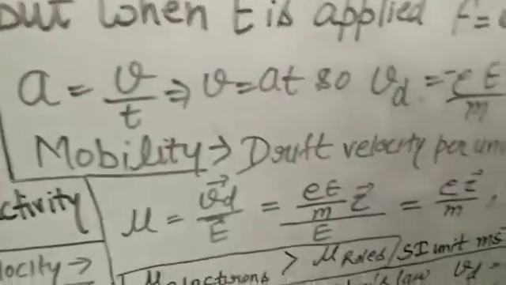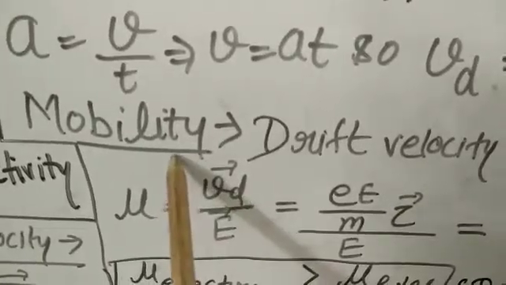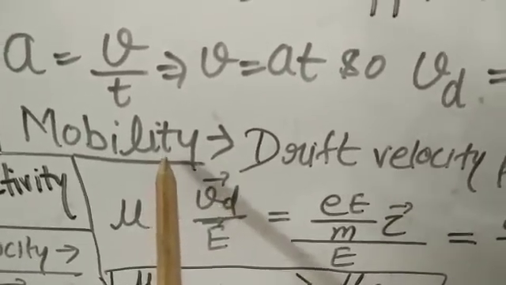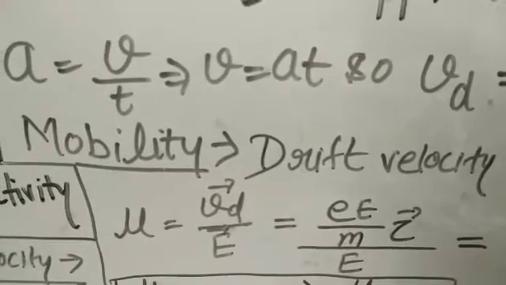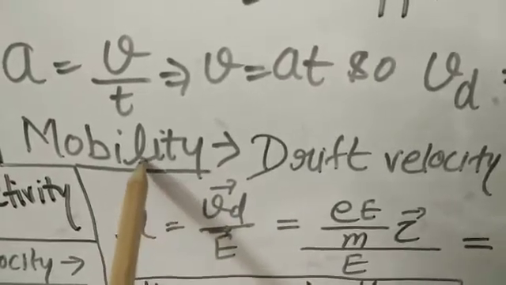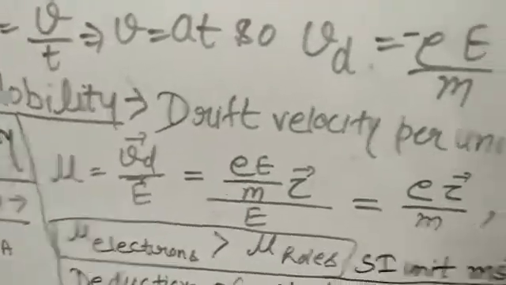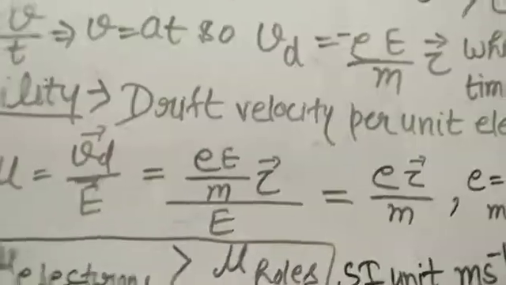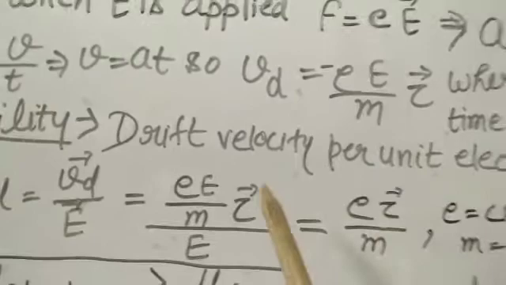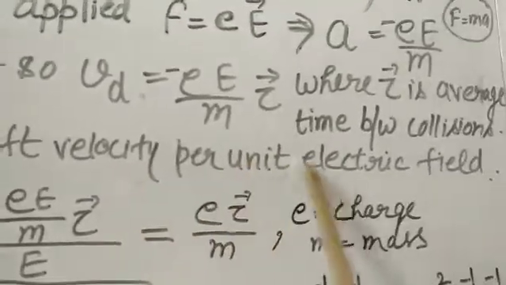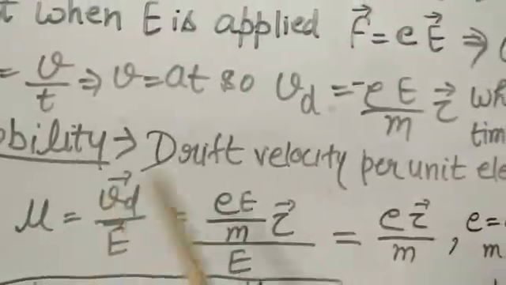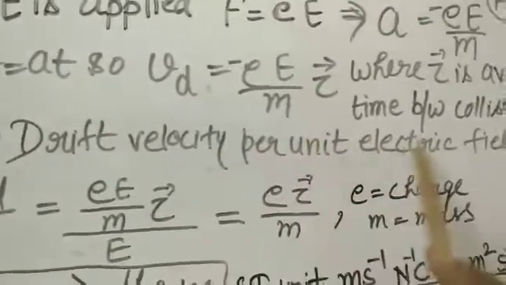Now another important term: mobility. This is a very important term for 1 mark. According to CBSE, mostly questions asked on mobility are of only 1 mark, but very important. The simple definition: mobility is the drift velocity per unit electric field.